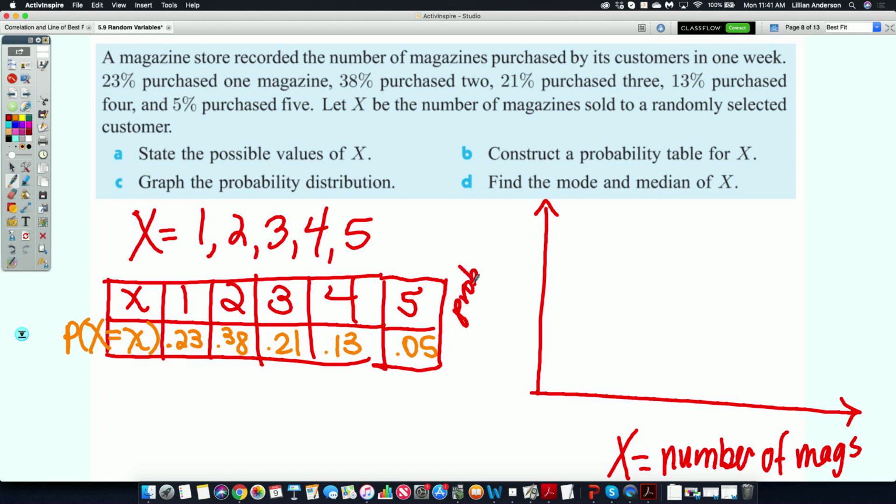Remember, anytime you have to create it yourself, you always make sure you label your x and your y-axis along with the respective scale. It's 1, 2. And then, of course, you make your scale accordingly. My largest one is 0.3, so I'm going to go by 0.1 all the way up to 0.4.